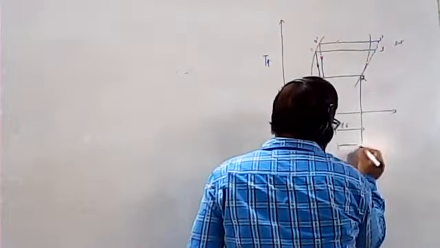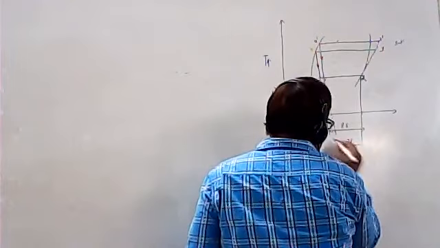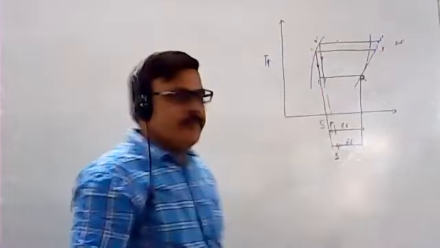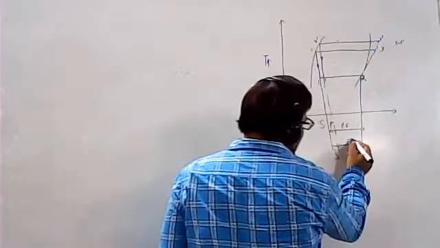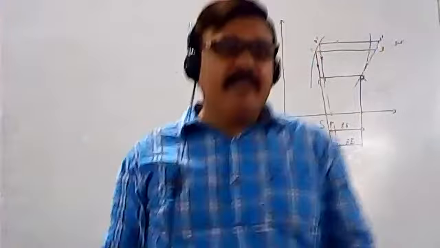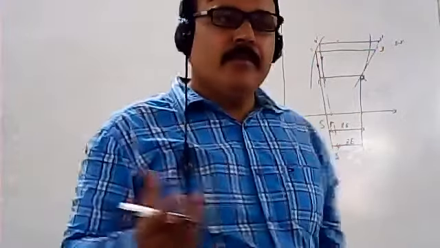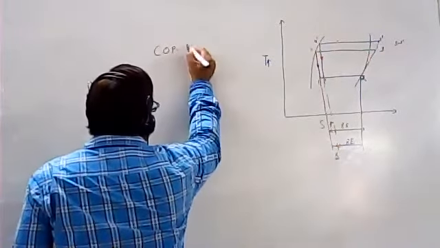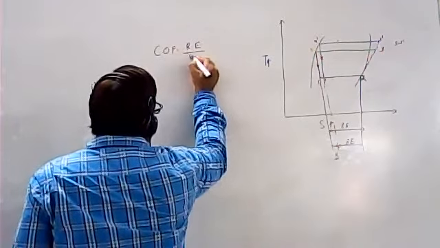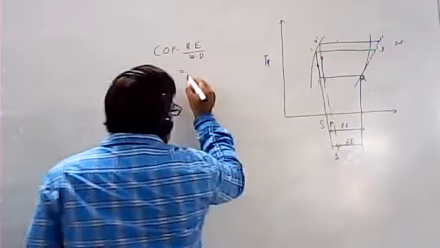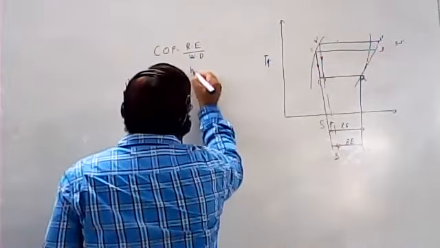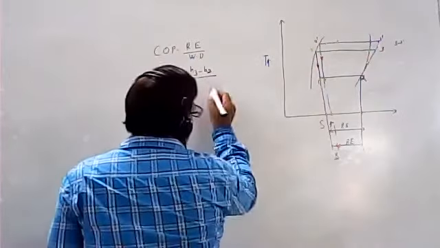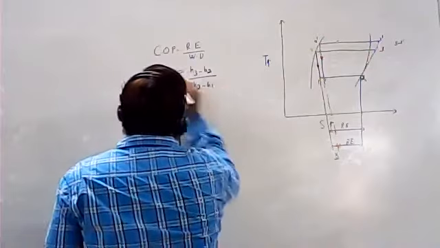Your refrigeration effect will get reduced, this much reduced, X. And the compressor work will get increased. Again, the COP of the system is refrigeration effect divided by work done by the compressor. So in the theoretical cycle, before increasing the discharge pressure, it was H2 minus H1 divided by work done H3 minus H2. This was the COP.